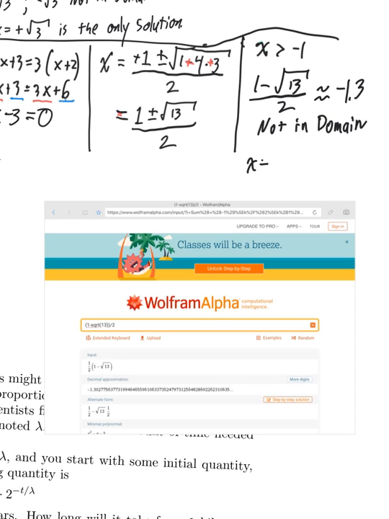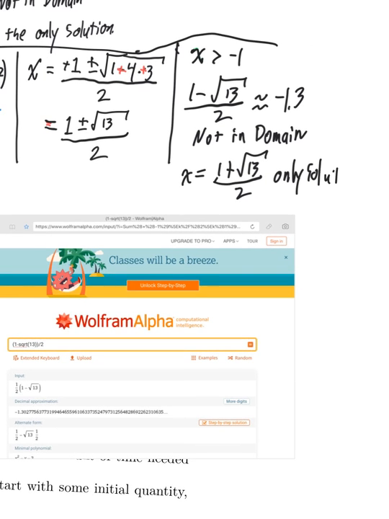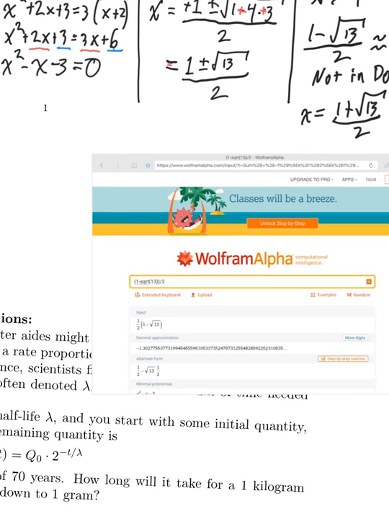So x equals (1 plus square root of 13) over 2 is the only solution. Groovy.